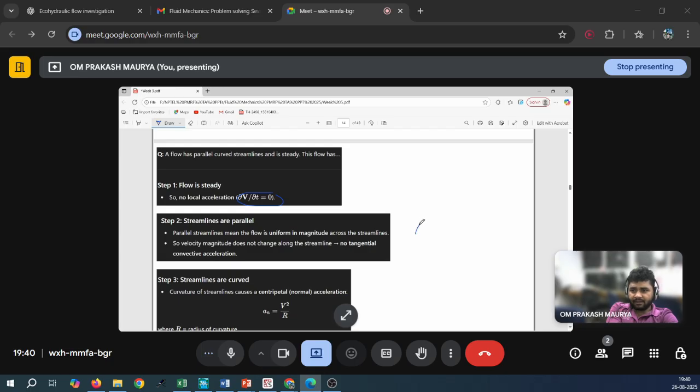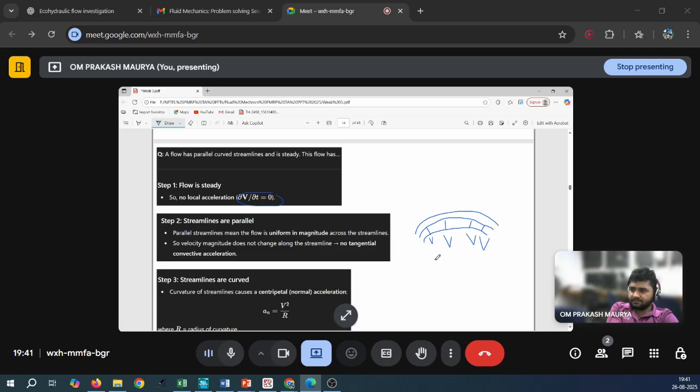Again think, if this is a curved streamline like that. I'm not able to draw very precisely here, first try to understand. Let me just draw, yeah, like that. So everywhere the area is the same, here also area, here also area, everywhere the area is A, and velocity also will be the same. If here is v, here also v, everywhere v.